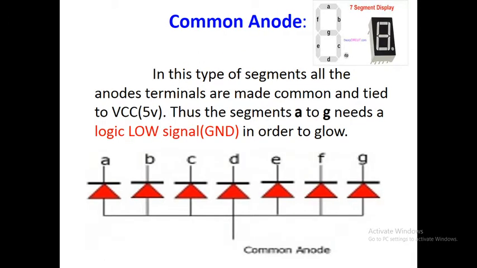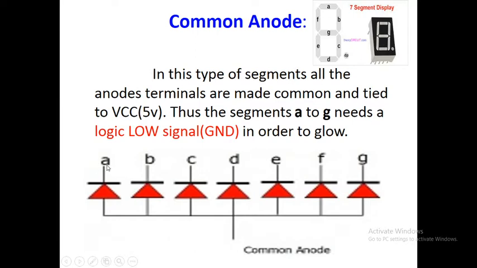In common anode configuration, all anodes are connected together and connected to VCC, and the other terminal comes from the controller. When the controller sends 0, current flows through the LED and the LED turns on.